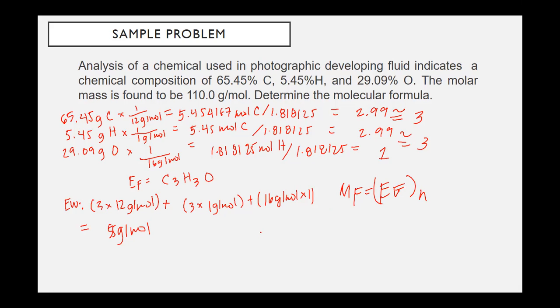So, N is equal to molecular weight of the molecular formula over the molecular weight of the empirical formula. So, both are already given and computed. So, we just have to substitute the value.